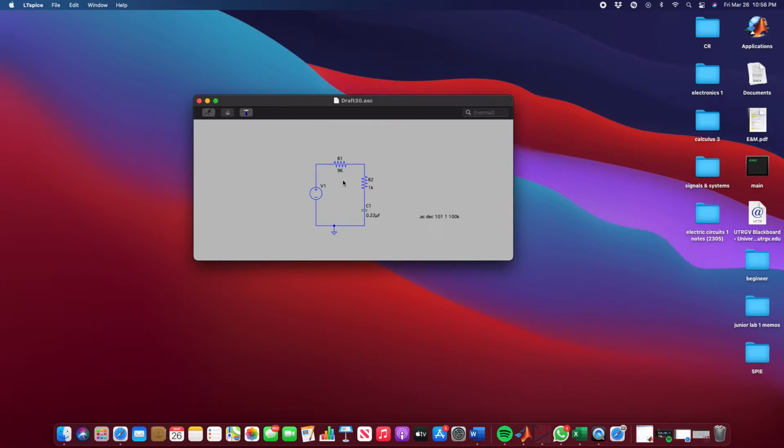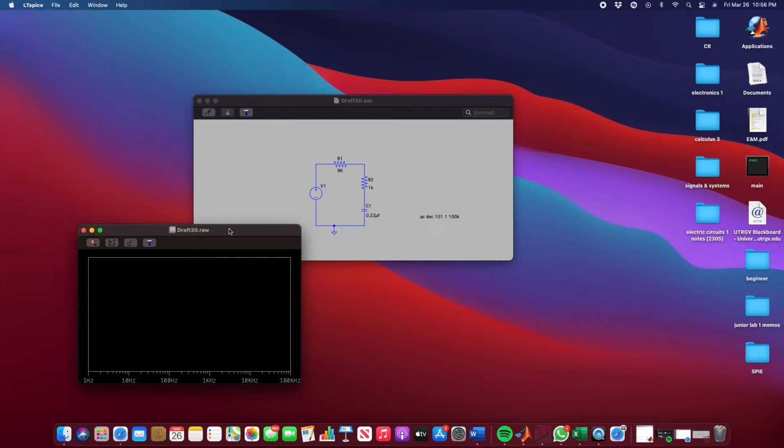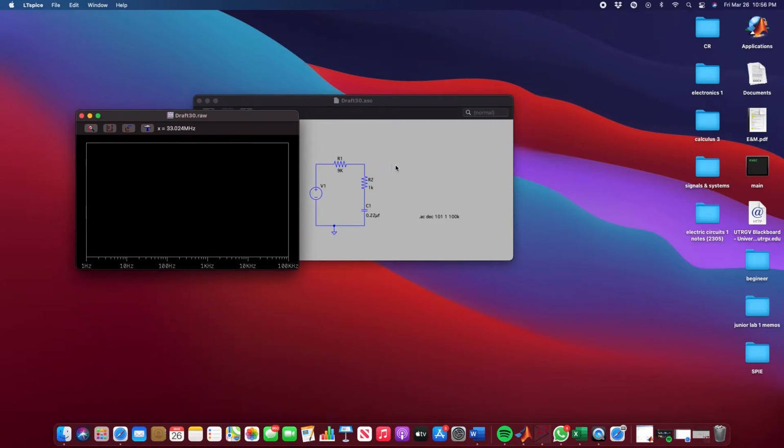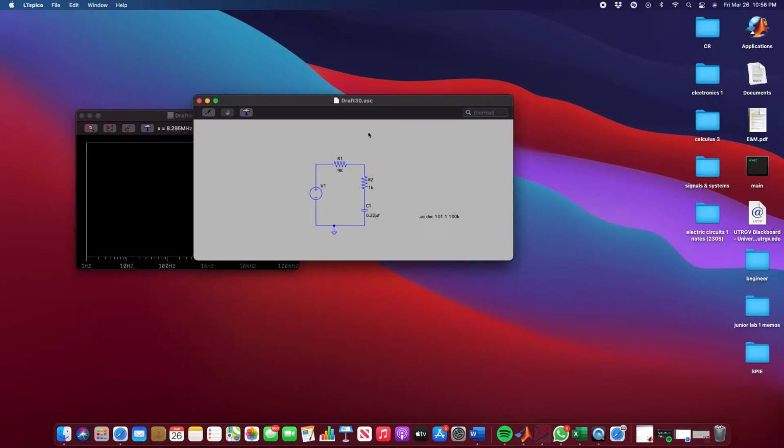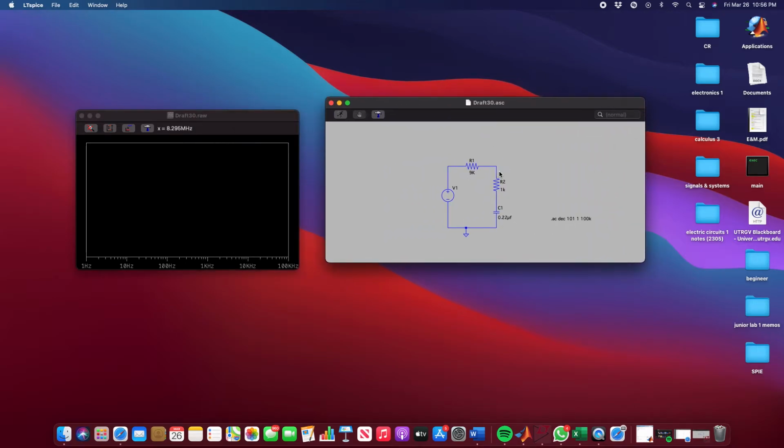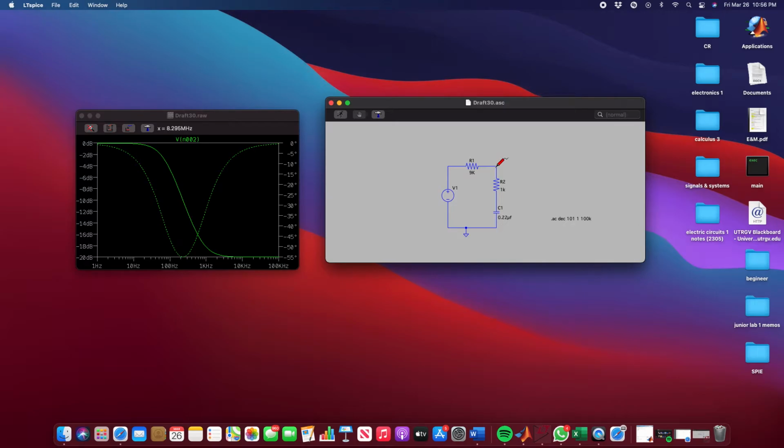What we're interested in seeing is this part of the circuit, mainly right here on my output. We're trying to see what V out looks like. So let me run it, and let me put my probe over this area. If I put our probe right there, we get a display.